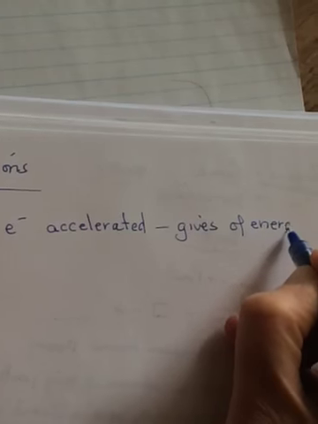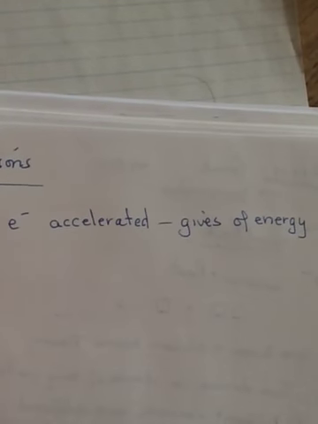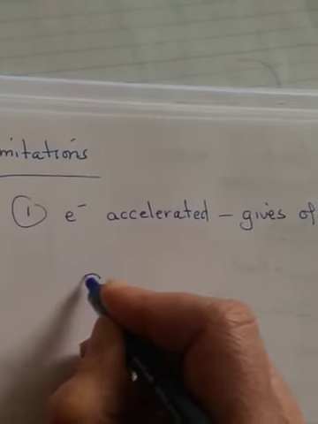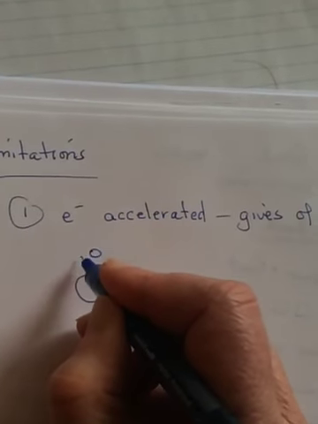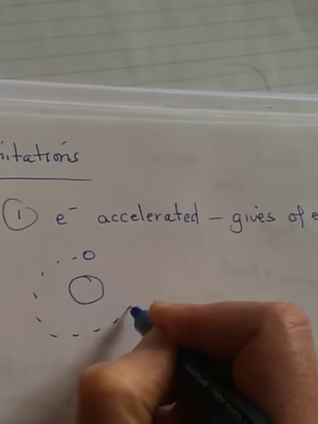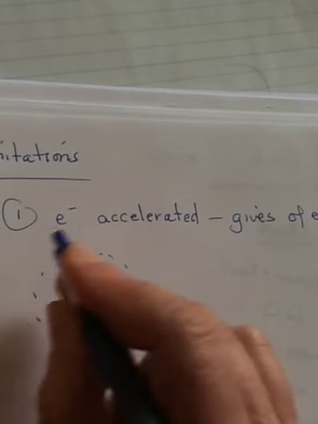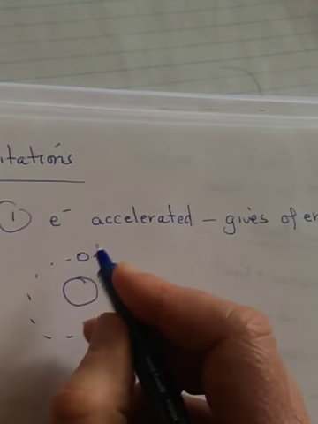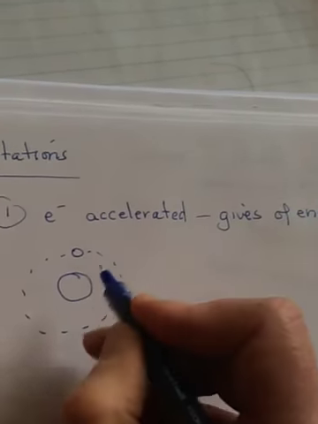Right? It gives off EM rays. Okay? And so if there's an electron orbiting the nucleus, it's accelerating, right? Because that's centripetal motion. It has a centripetal acceleration, which means it's giving off energy.